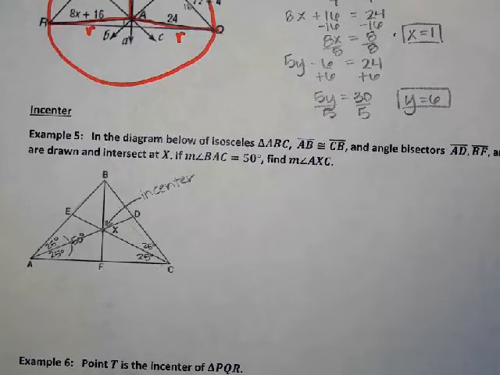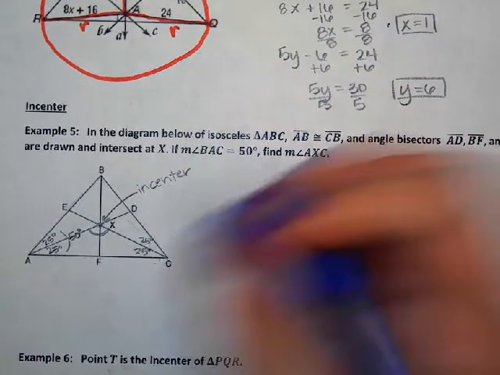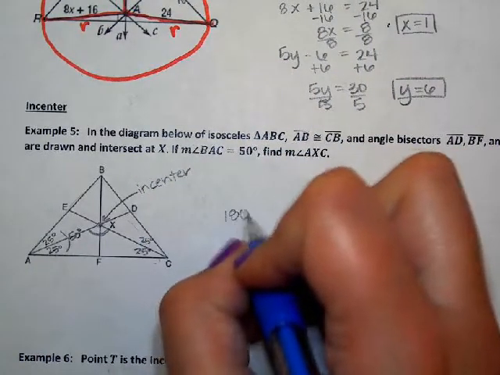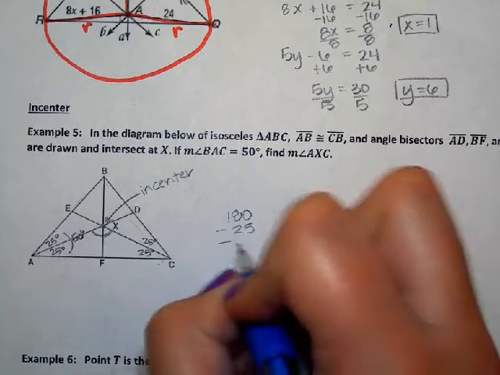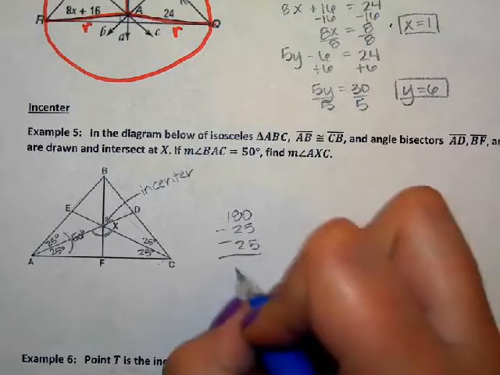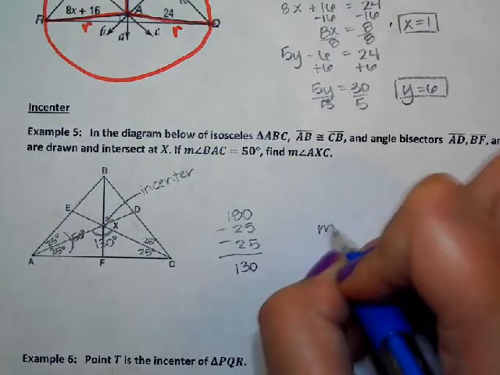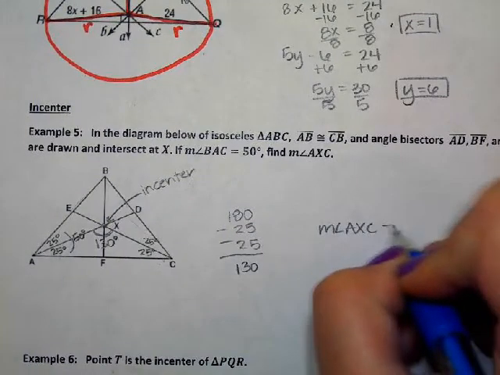So we're going to do 180 minus 25 minus 25. And then what do we get? 130.